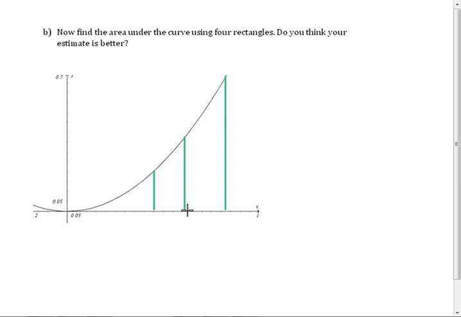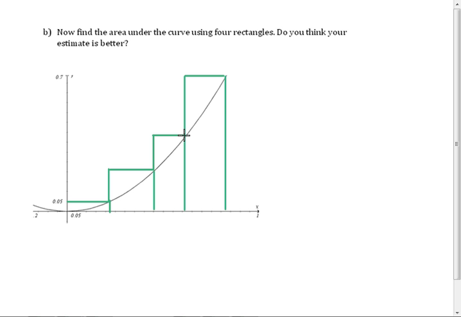I'm going to actually make these more complicated a little bit. It's not too bad.